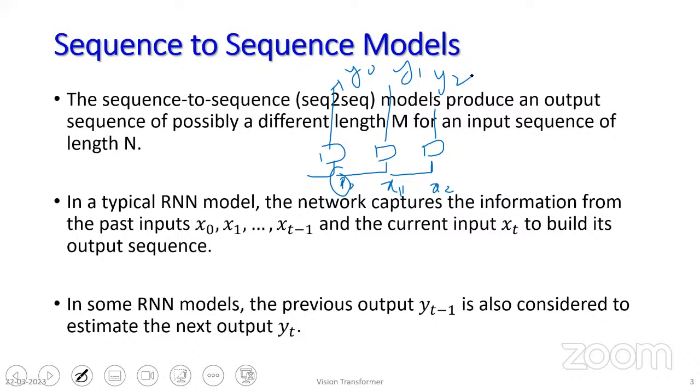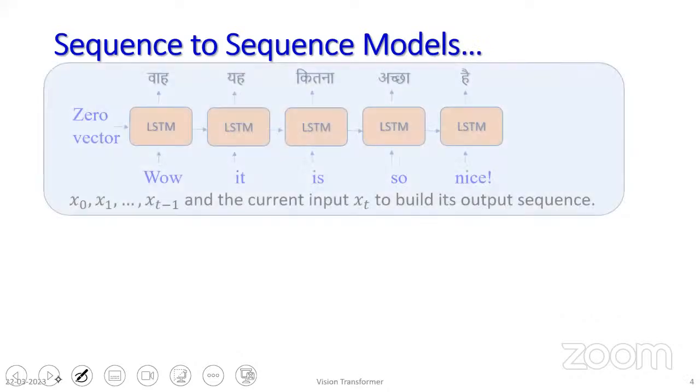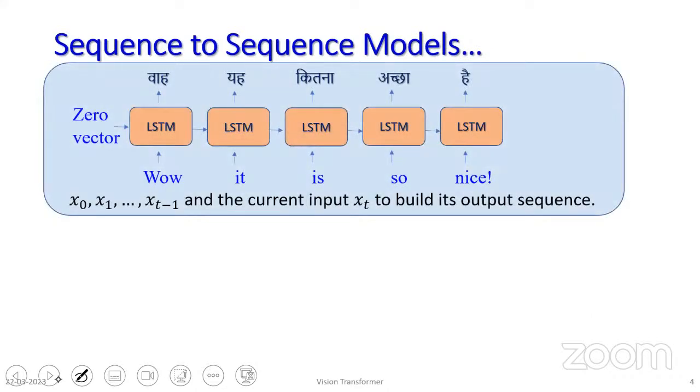Sometimes Y0 is also fed along with the next input, and the hidden states of these LSTM units or recurrent units are also shared with the next recurrent unit. So there are various types of sequence to sequence models that we have studied.